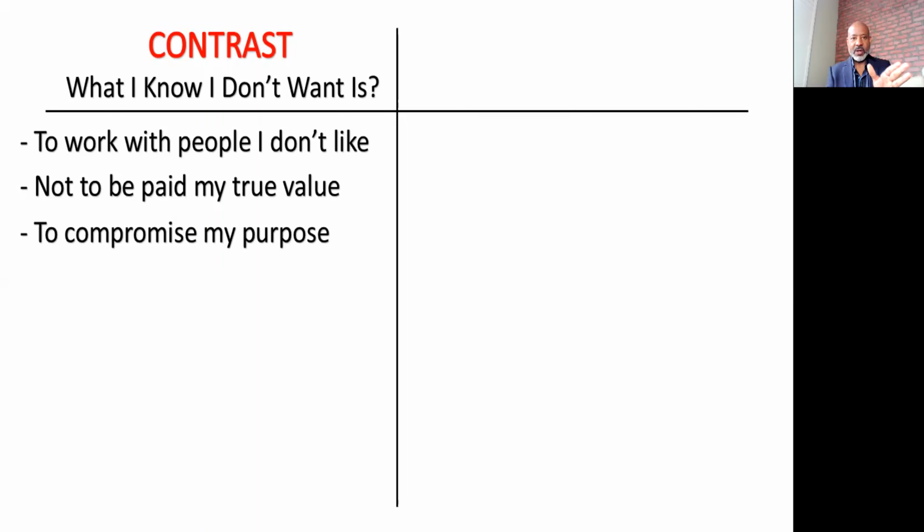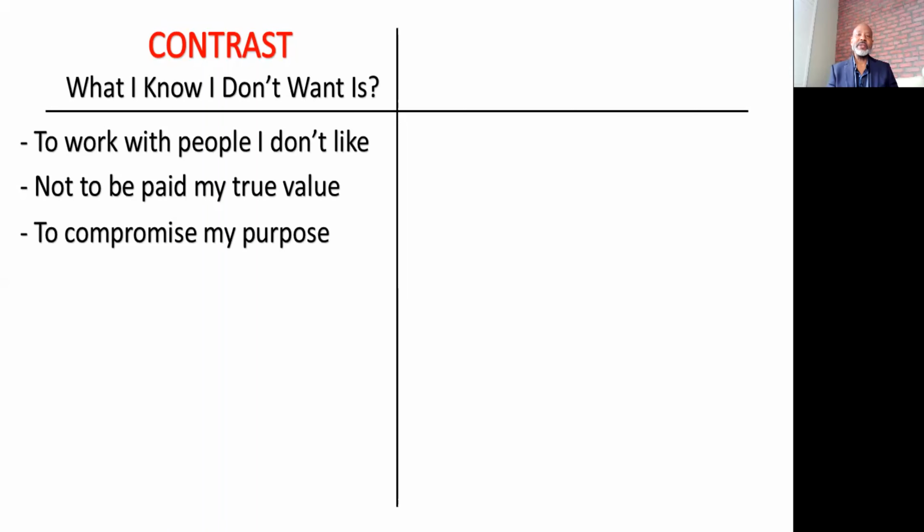So a lot of times, the thing that your reticular activating system is focused on is the things that you don't want. Now, I know we've used the word don't in the statement here, but your subconscious mind doesn't hear don't. So when you say, I don't want this, I don't want that, your brain actually focuses on it. Now, we're using it here as a question because I want you to focus on it. When I say what I know I don't want is, you have to think about what you don't want.